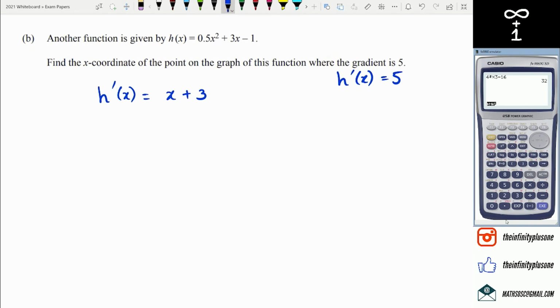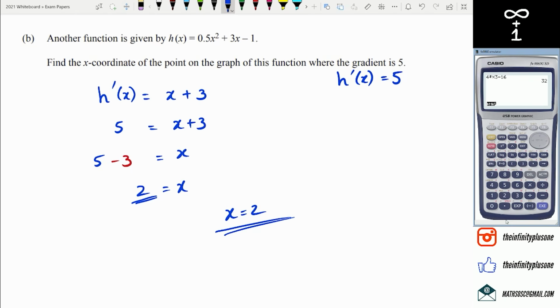So we've got x plus 3. Because this gradient function equals 5, I'm going to put 5 equals x plus 3. Rearranging, x equals 5 take away 3, which gives me x equals 2. You could just write that down at the bottom.